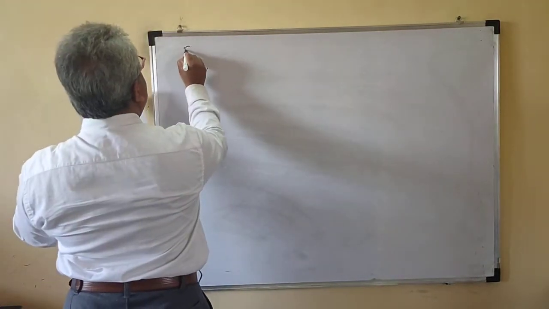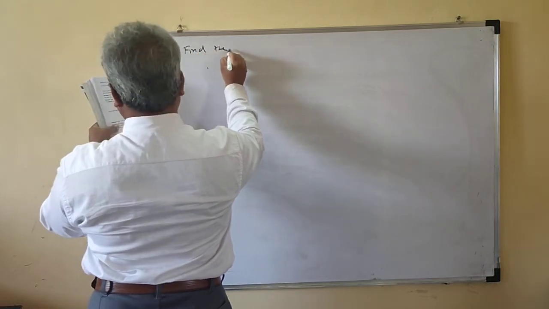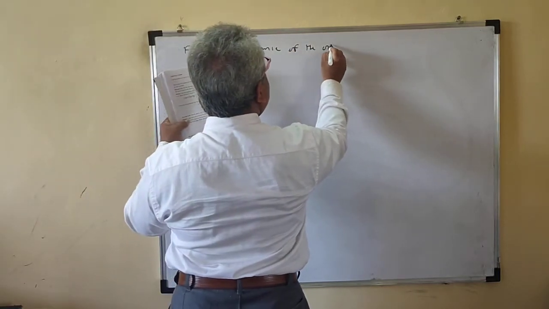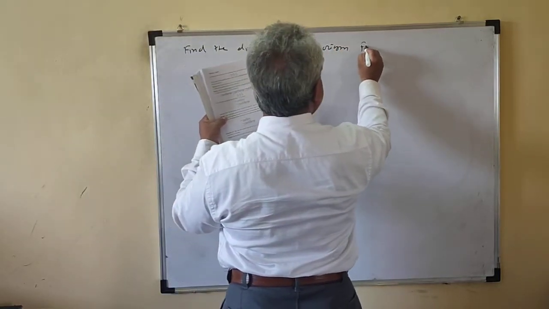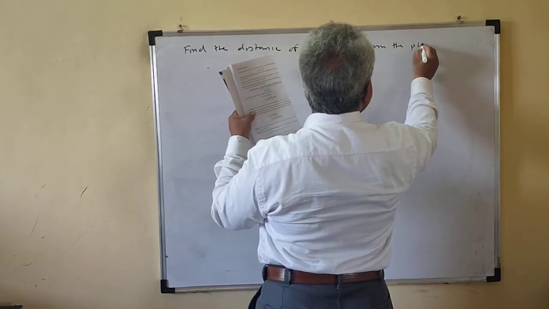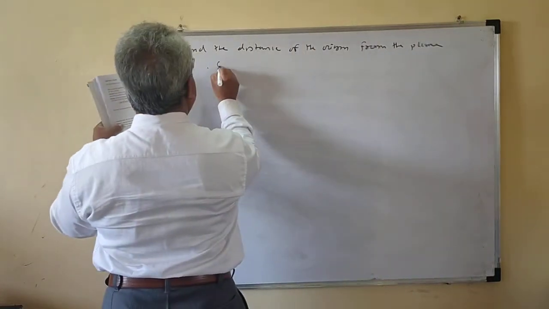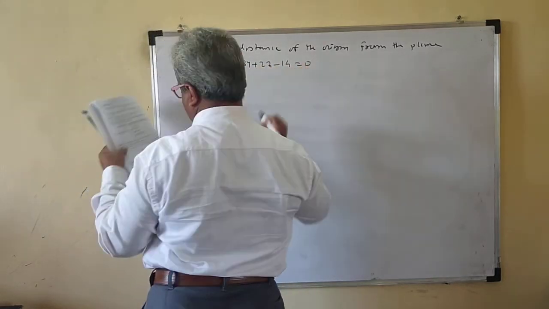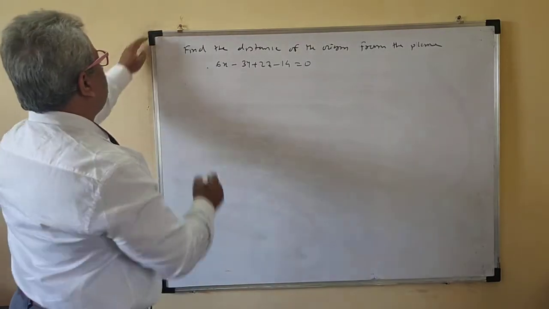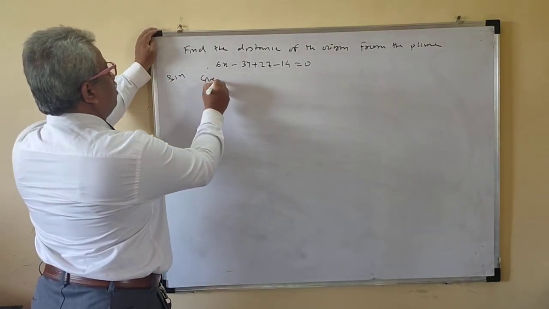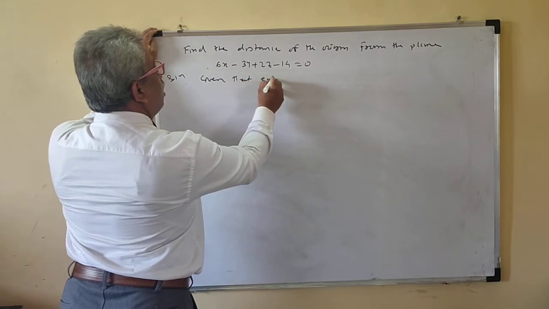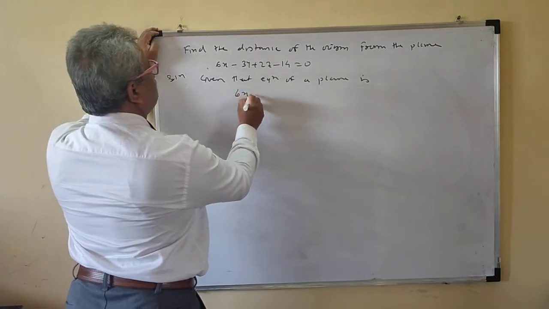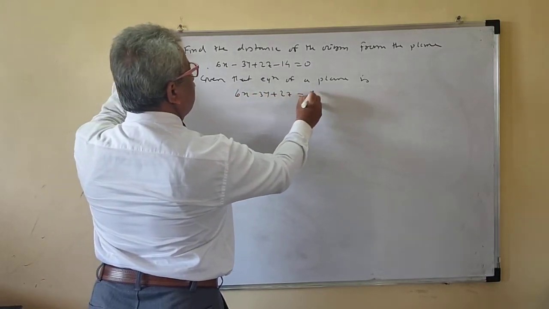Okay, find the distance of the origin from the plane 6x minus 3y plus 2z minus 14 is equal to 0. Solution: given that the equation of a plane is 6x minus 3y plus 2z is equal to 14.